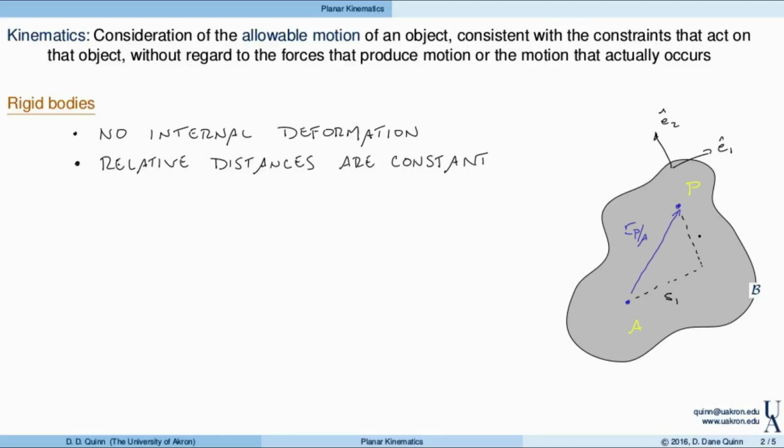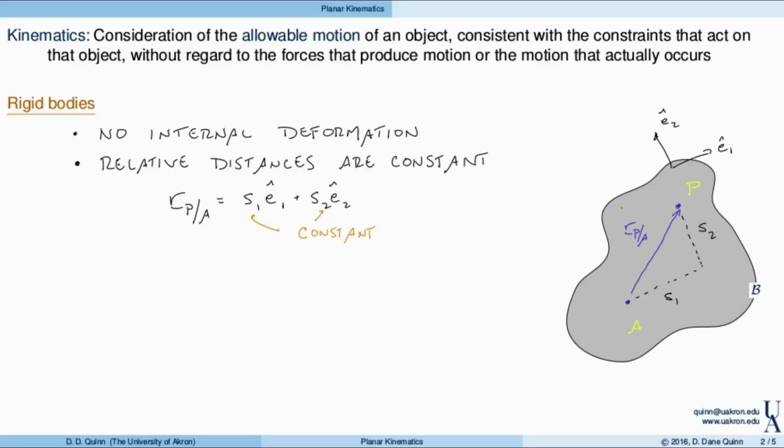Then in the E2 direction, might have S2. So this position of P with respect to A is S1 in the E1 direction plus S2 in the E2 direction. And then these distances, S1 and S2, are constant. So that's what it means to be a rigid object.